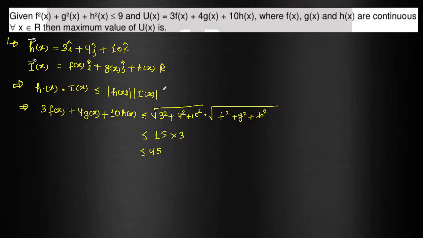So cos theta is 1 when maximum. So it will be less than or equal to hx and ix. So hx ix is 3fx plus 4gx plus 10hx, which is less than root under 3 square plus 4 square plus 10 square, and this is less than root under f square plus g square plus h square, and this is less than or equal to 9. So when you put 9, this is 225, root under which is 15, which is 45.